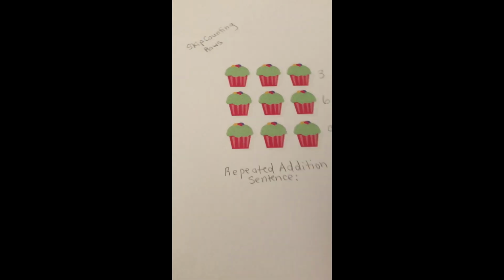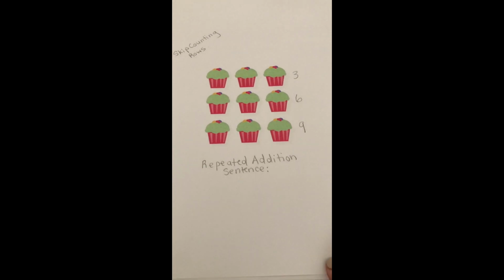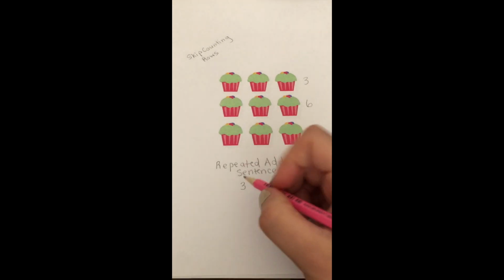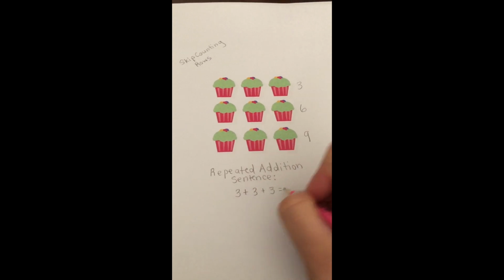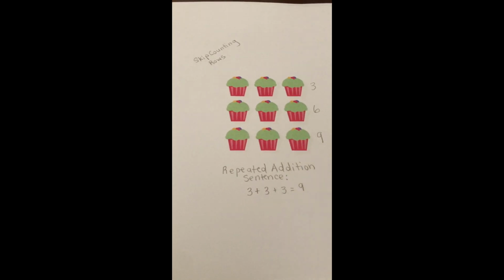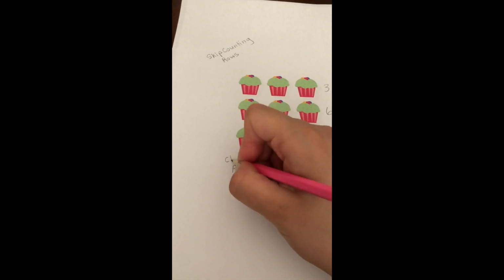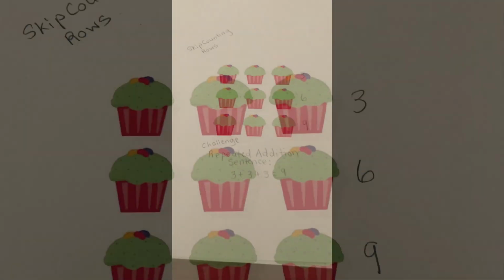We're going to have lessons about this in the future. This is only if you'd like a challenge for today to try something different. So we have 3 groups of 3. So I'm going to put 3 plus 3 plus 3, which would equal 9 when we skip count those, because it's 3, 6, 9. That's only a challenge. I'm going to write it here so you are not thinking you have to do it if you don't wish to.